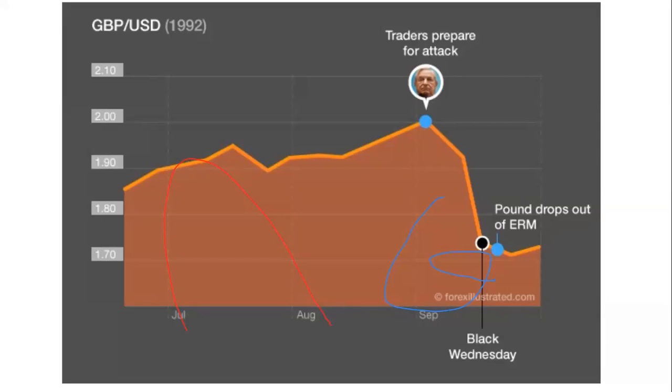By the time the Prime Minister announced the 12% interest rate, George Soros's money and other money in the market, basically $27 billion worth of pounds were shorted.